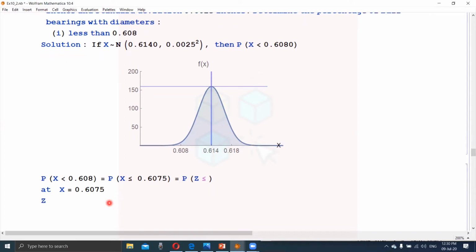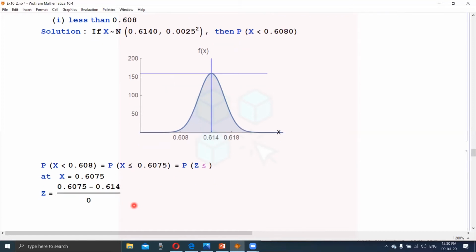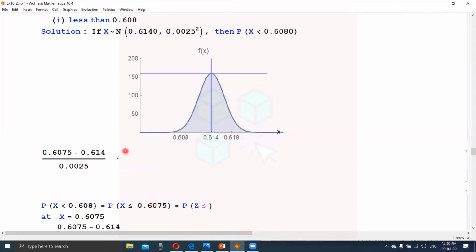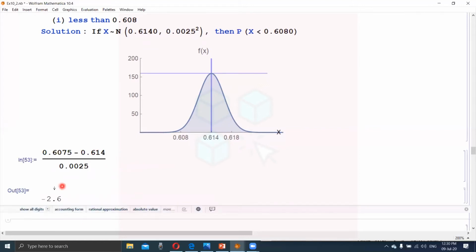So we substitute all three values, X, mu and sigma, in the standardized variable Z. Z is equal to X, in our case 0.6075, minus mu, in our case 0.614, whole divided by the standard deviation 0.0025. We calculate this in our software, and the calculation gives us the answer minus 2.6.